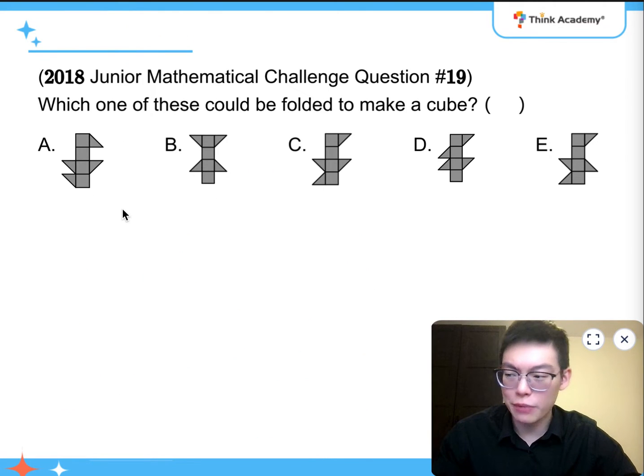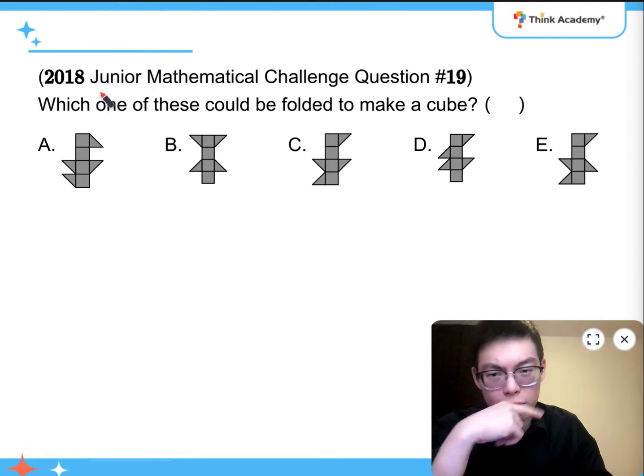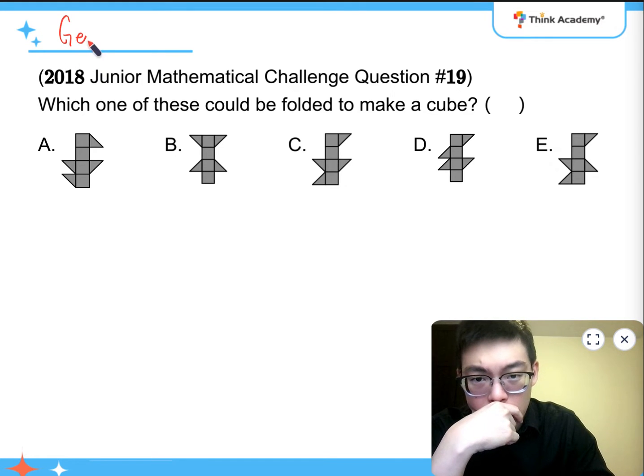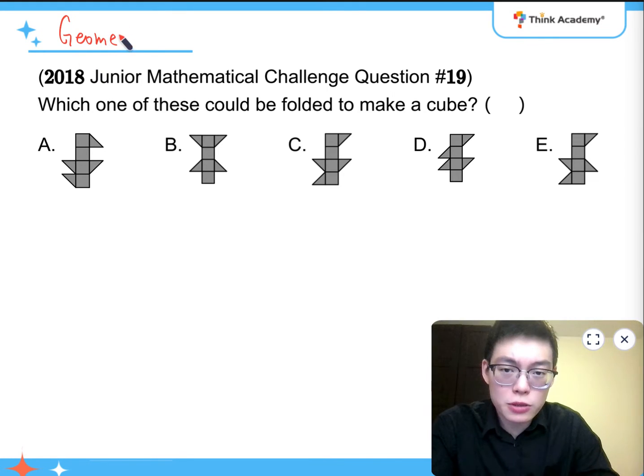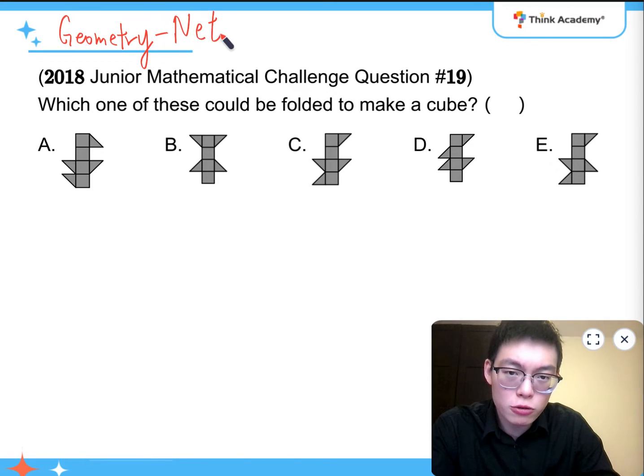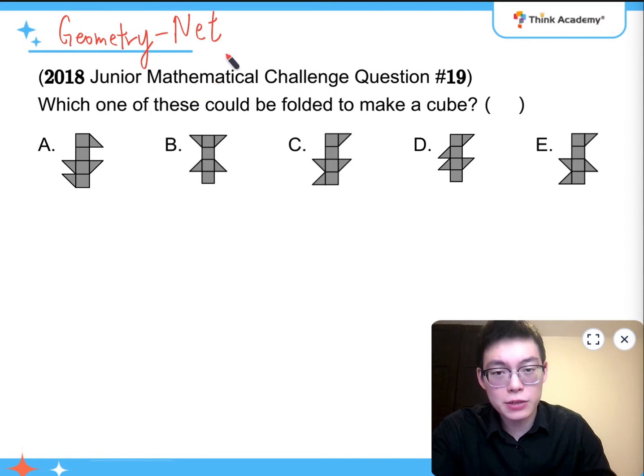And the next one, I would say that this one is kind of hard. So if you haven't learnt about how to manipulate the nets before, maybe you don't know how to do this question apart from imagining. So it belongs to spatial recognition, of course, and it belongs to nets.